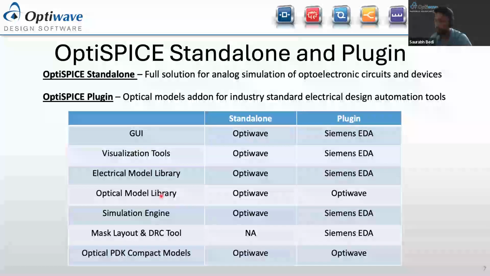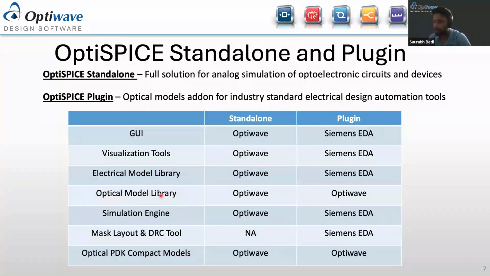For the optical model library, for both tools we have our own device library. So even for the plugin, we provide our own optical models into the third-party EDA. For the simulation engine, Standalone has its own engine, whereas in the plugin we use the simulation engine from Siemens EDA.